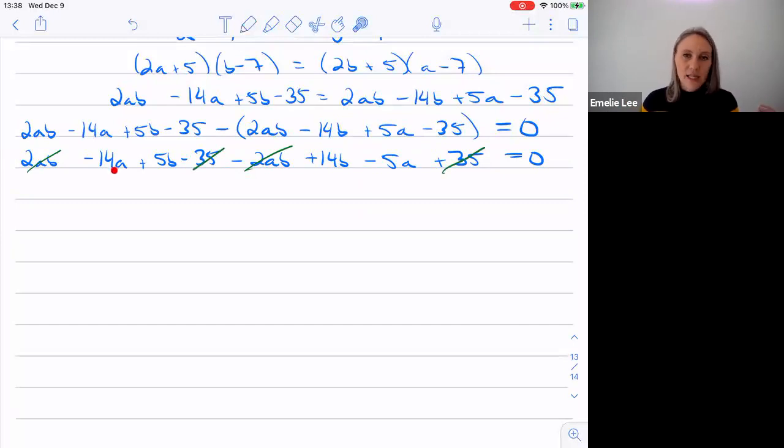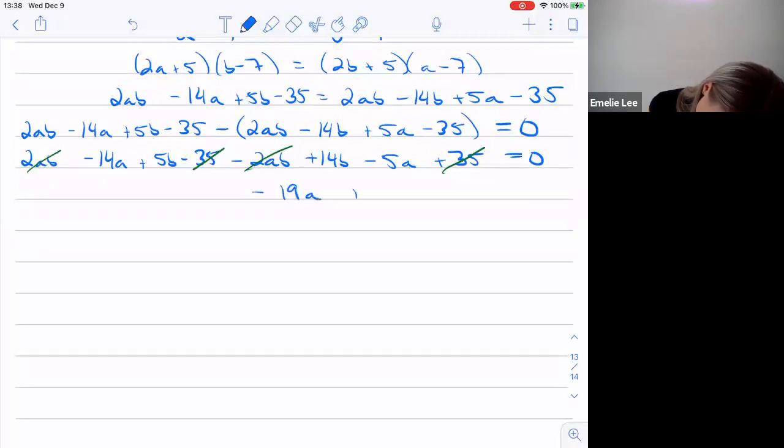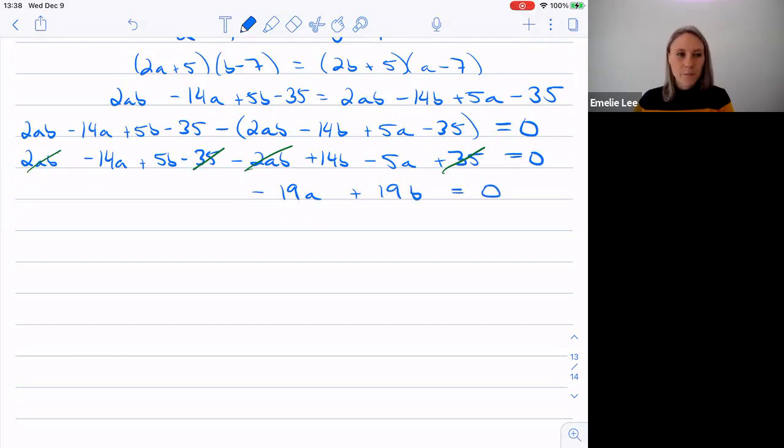And then I can collect like terms, right? I've got negative 14a minus 5a, so that's negative 19a, and then 5b plus 14b is plus 19b. So I get negative 19a plus 19b is equal to 0. Okay. I don't like dealing with negatives, so I'm just going to add 19a to the right-hand side.